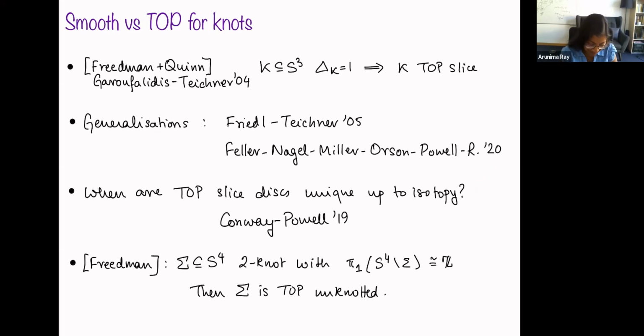Okay, so I'm going to stop listing results now. But the motto of the results that I've stated so far is that there are lots of things that we know in the topological category. If you're interested in topological four-manifolds, I hope I'm convincing you that they're interesting. There's more to be done there, so it's not finished by any means.